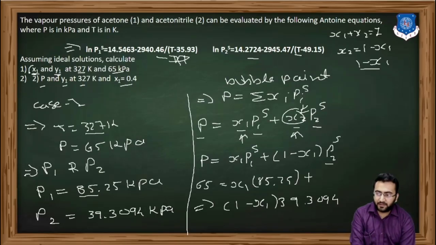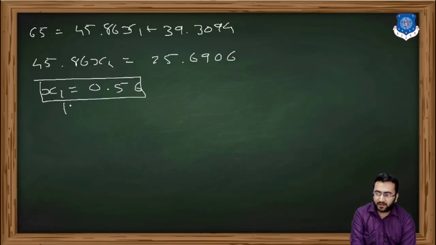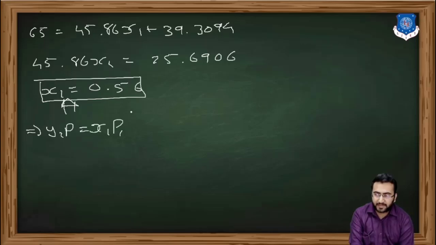Now we also have to find out the value of y1. Using the Raoult's law equation for component 1, it is given by y1 P is equal to x1 P1 saturated.